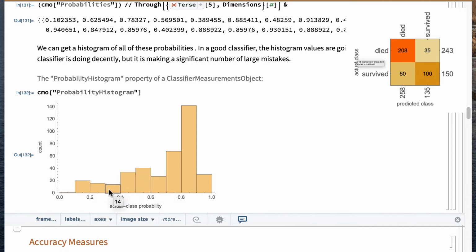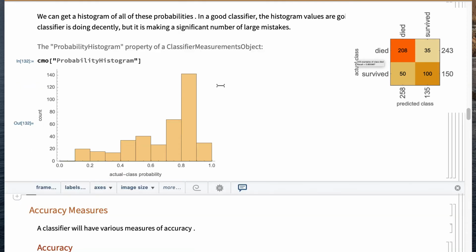And here, where we're getting probabilities of 0.3 and 0.2, it's actually making the wrong decision. You can see there aren't too many instances where it really was confident of something and it got it wrong. So we'll come back to probabilities in a moment when we look at cross entropy and other exciting things.